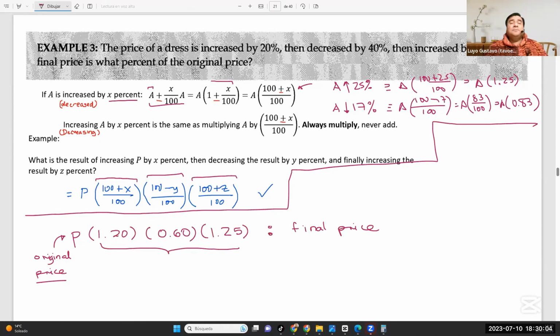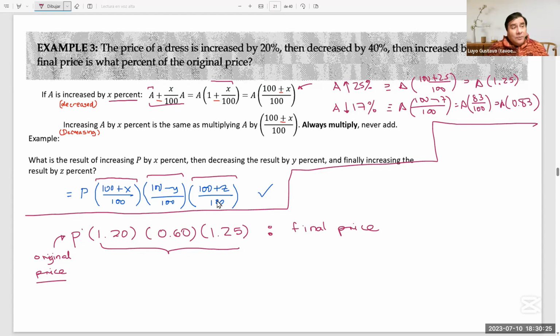Okay, so we come back and we continue with the solution to this question. Notice that we use the same strategy for applying consecutive percent changes to an initial quantity. In this case, we might define P to be the original price of the dress.